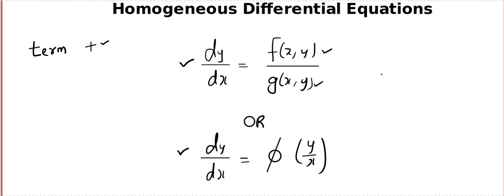I'll give you one example. (y square minus x square) divided by 2 into xy. If you look at the numerator, you can see that there are two terms, term 1 and term 2. And in the denominator, we have only one term.